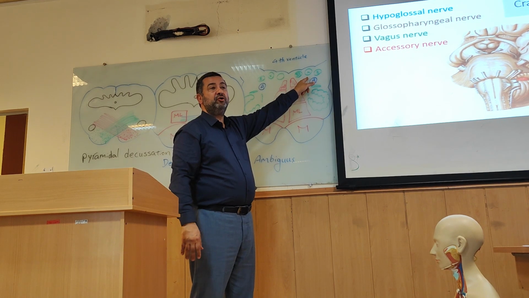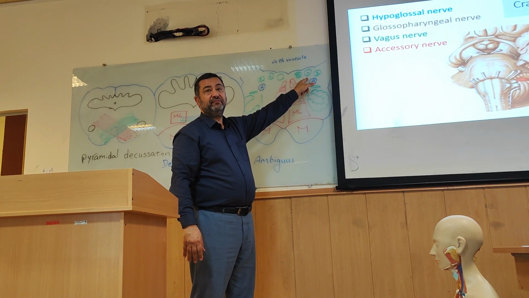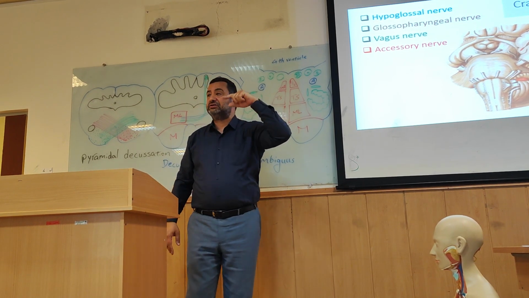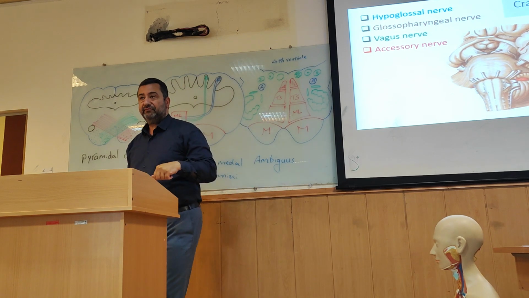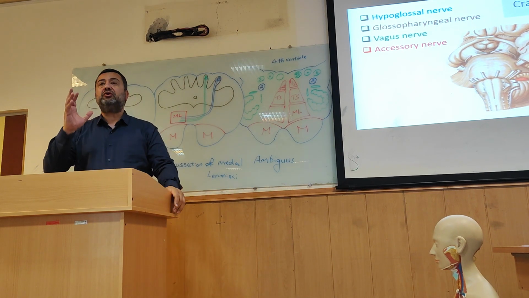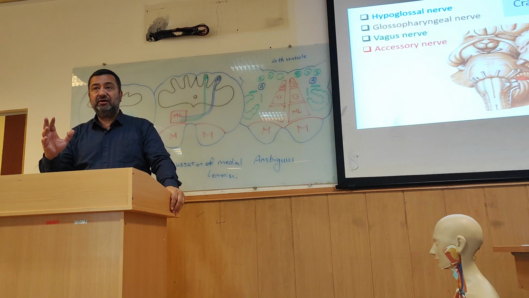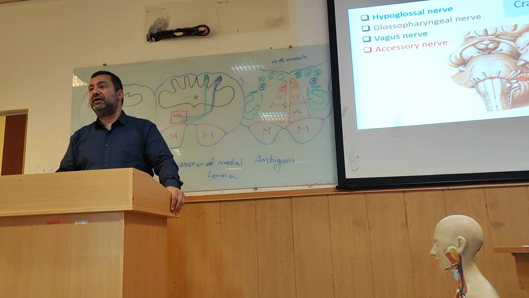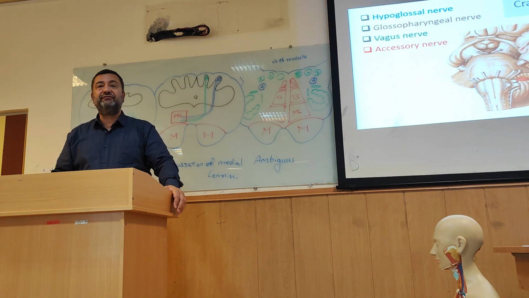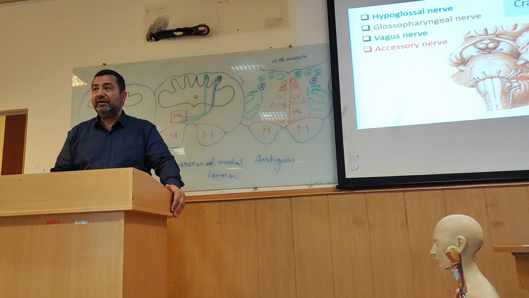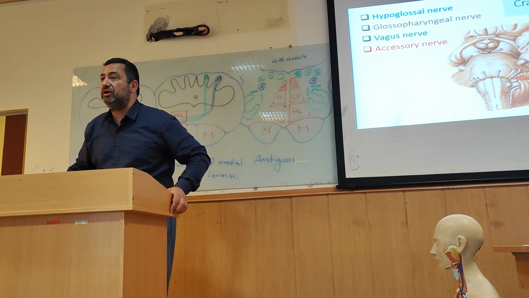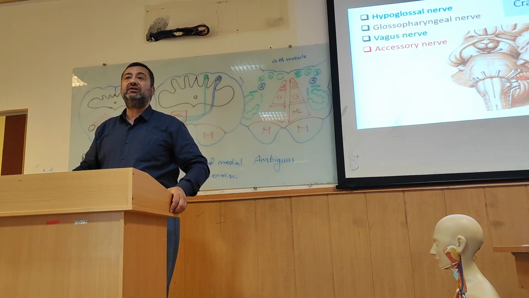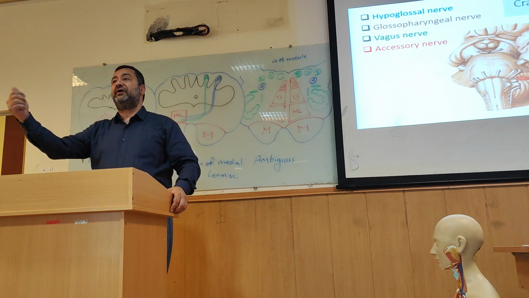Instead of dorsal nucleus of vagus, there is inferior salivatory nucleus. Dorsal nucleus of the vagus is parasympathetic efferent fibers of the vagus, and inferior salivatory nucleus is efferent parasympathetic fibers of the glossopharyngeal.